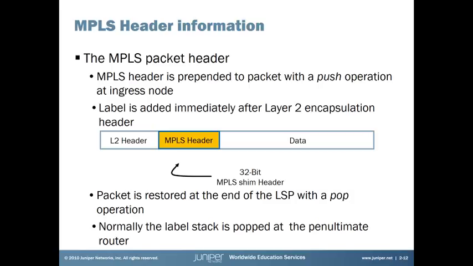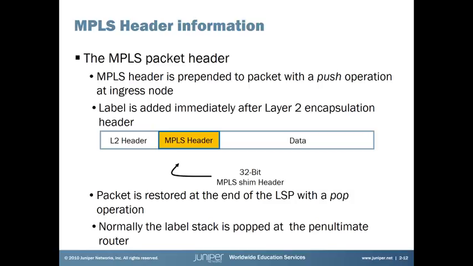So the packet is popped in at the beginning of the path. So this is called a push operation here. So the header is prepended to a packet with a push operation at the ingress node. So that's important, at the ingress node. So here we have traffic transiting through the service provider's network, coming in at one router, going out on another.